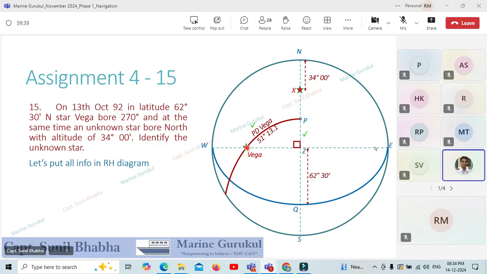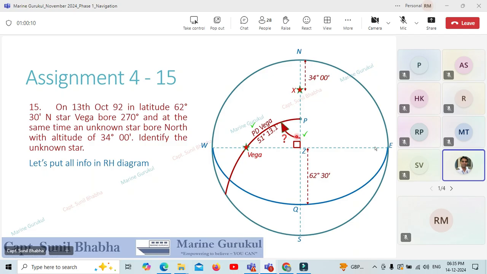Now you see in this triangle PZ Vega, it's a spherical triangle. All three sides are great circles, and it has a speciality: angle Z is a right angle. So we can apply Napier's rule in this triangle, and we can find out anything else using these two known values. So I will apply Napier's rule in this triangle, and what I'm going to find out is this angle P. Let me show that with the arrow in the diagram.